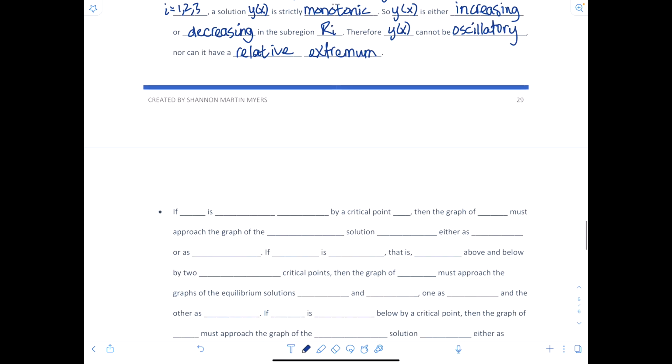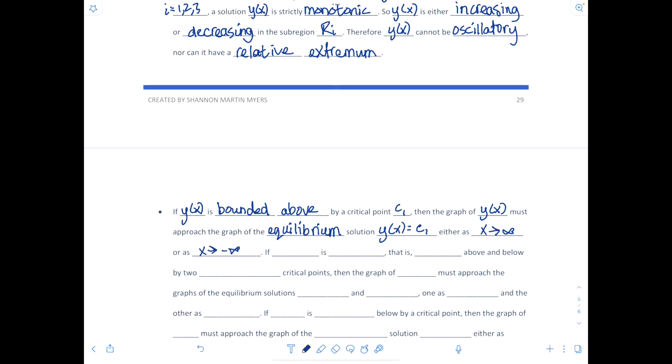All right, almost to our example. If y at x is bounded above by a critical point, c1, then the graph of y at x must approach the graph of the equilibrium solution, which remember is a constant, y at x equal to c1, either as x approaches infinity or as x approaches negative infinity.